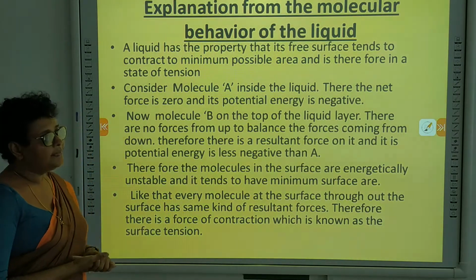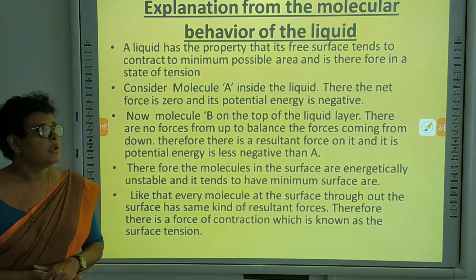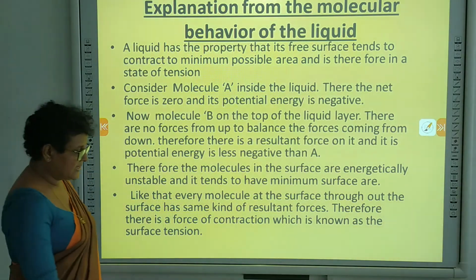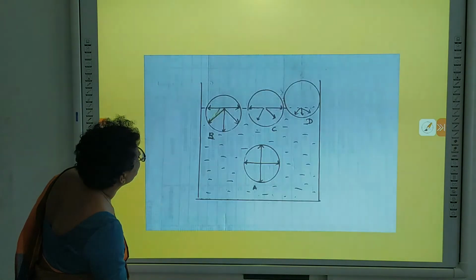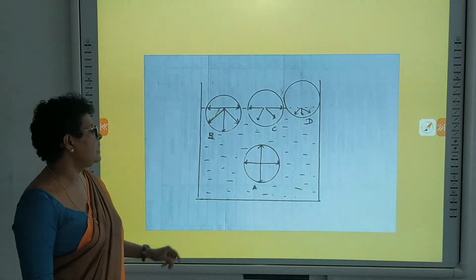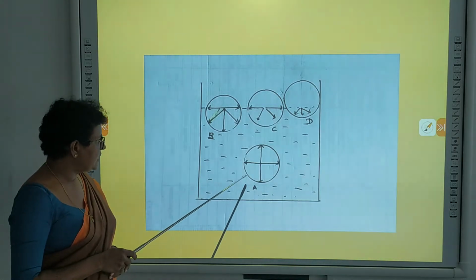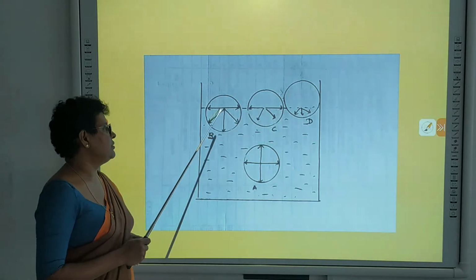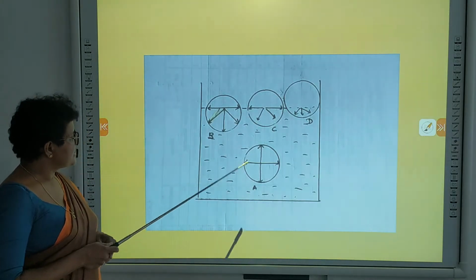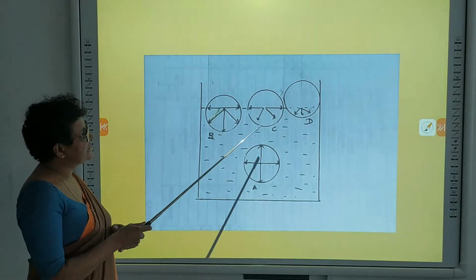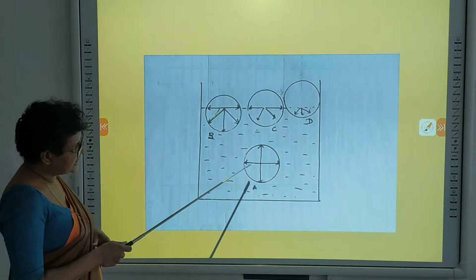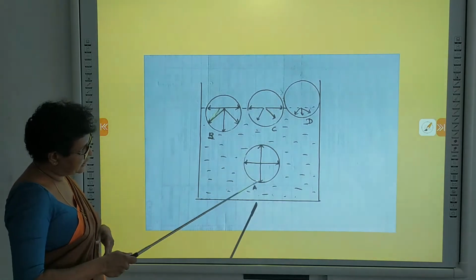Now we can further explain this using the molecular behavior of the liquid. Now consider this beaker. Here you have a liquid inside the beaker, and there is a molecule A inside the liquid and three other molecules B, C, D on the surface of the liquid. Now here you have forces like this and here like this.